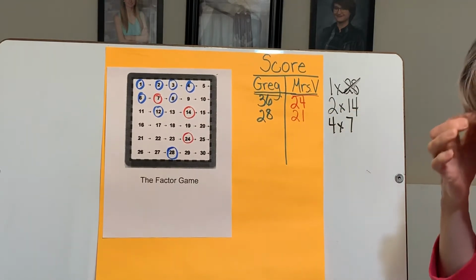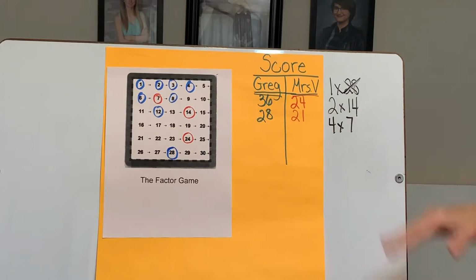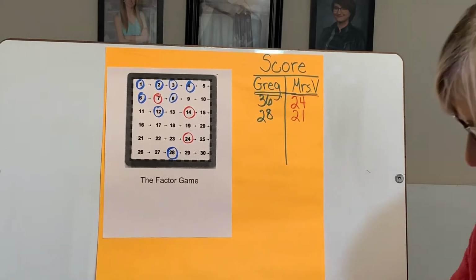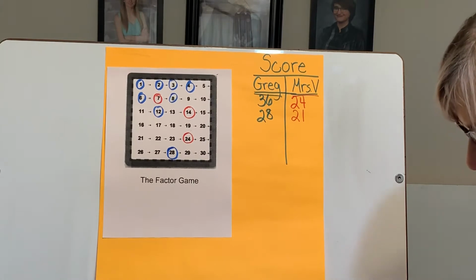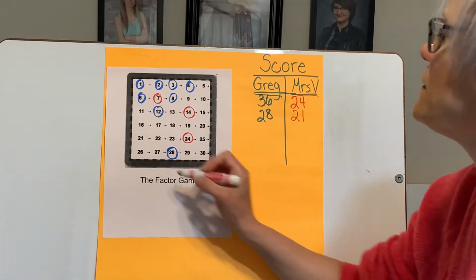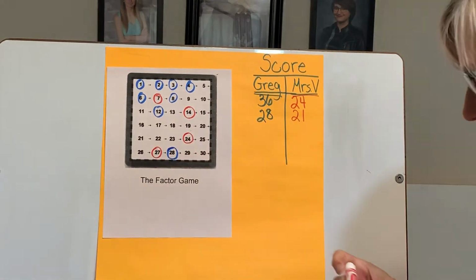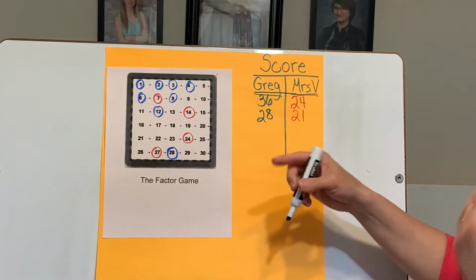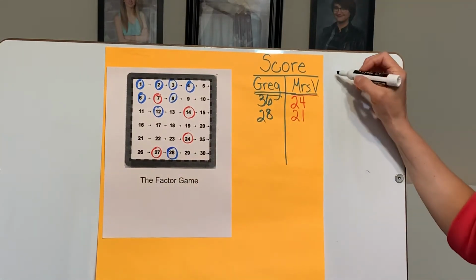All right. So now it's back to my turn. So this time I'm going to circle 27. All right. So now Greg has to figure out the proper factors of 27.